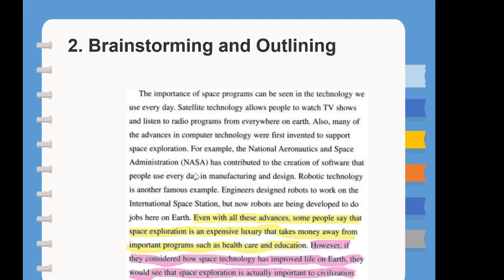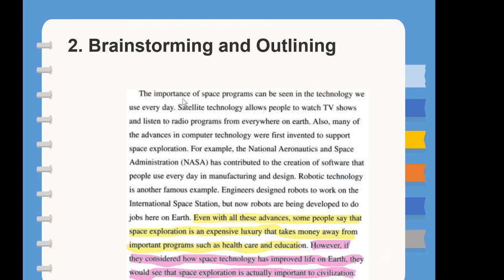Okay, this is the example. I took it from our book. What I highlighted in yellow is what? The yellow one is the counter argument, or we call it the opposing opinion. So you can read from the top here. These are all the information in the body paragraph.